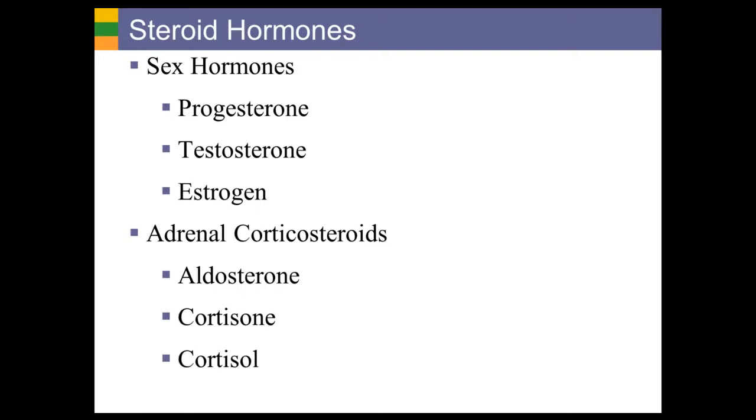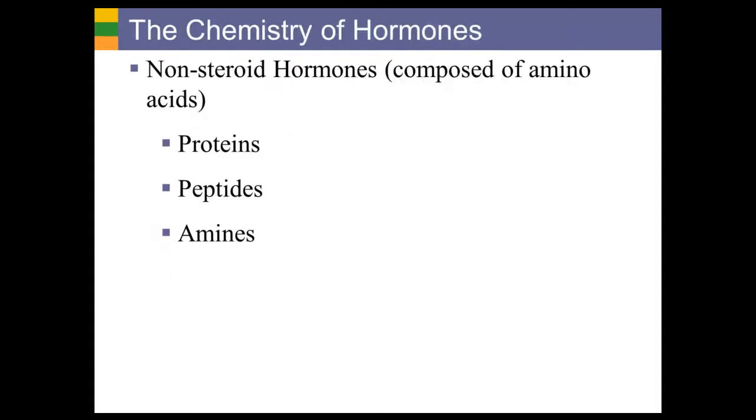Another way to remember that is that most of these end in "-one": progesterone, testosterone, aldosterone, cortisone. Then you just have to remember estrogen, and everyone remembers estrogen as a sex hormone, right? And cortisol.